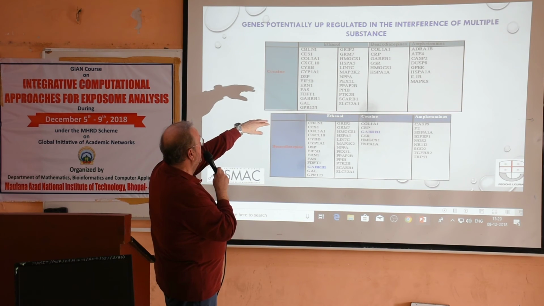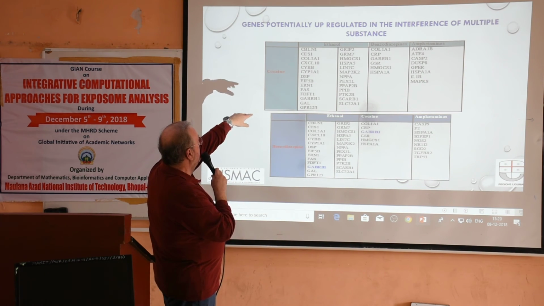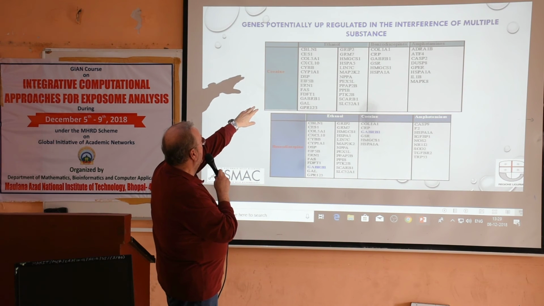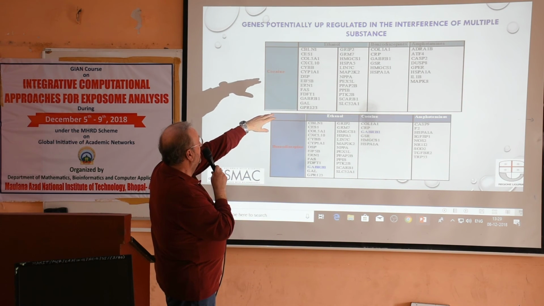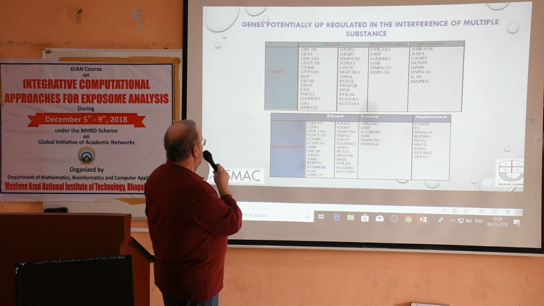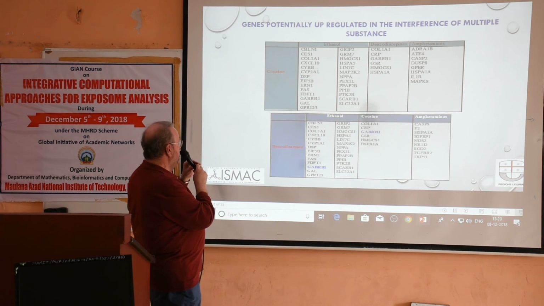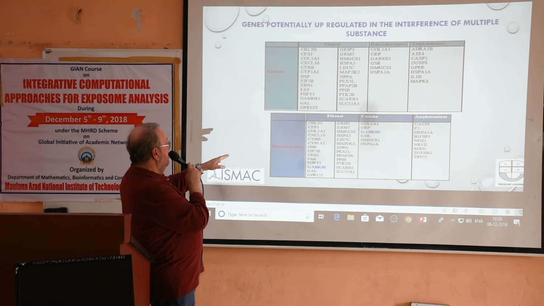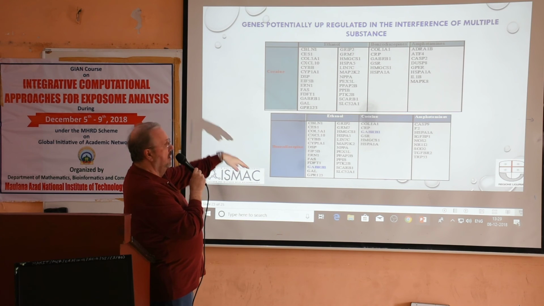The first line is cocaine against ethanol and against benzodiazepine and amphetamines. The second is benzodiazepine against ethanol, against cocaine and amphetamines. The genes marked in blue indicate common items between the two elements.